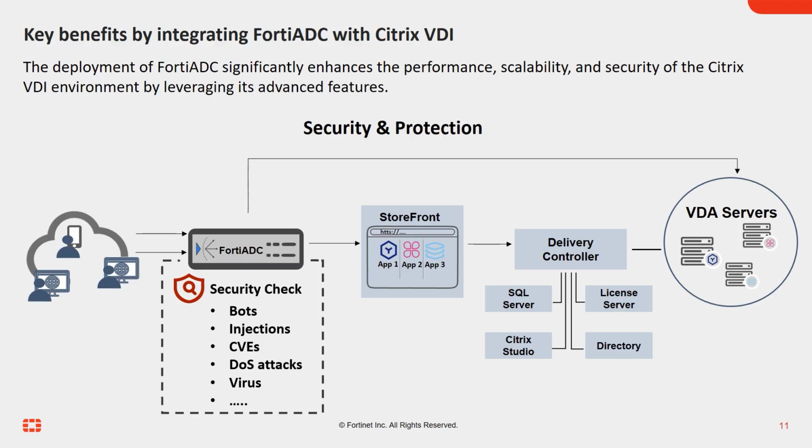It features a web application firewall to block OWASP top 10 threats, along with advanced bot detection and adaptive learning. Built-in protections such as DDoS mitigation, IP reputation filtering, and antivirus work together to defend against a broad spectrum of attacks. Together, these security features ensure that only clean, legitimate traffic reaches the back-end servers, safeguarding applications from potential threats.